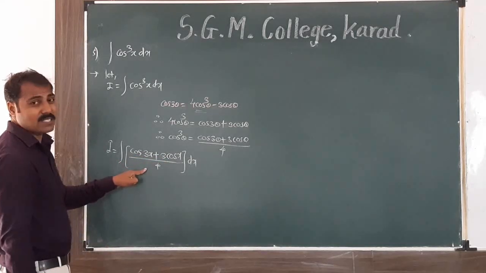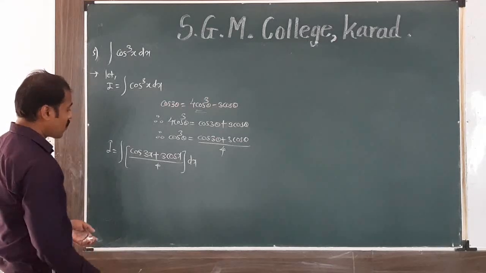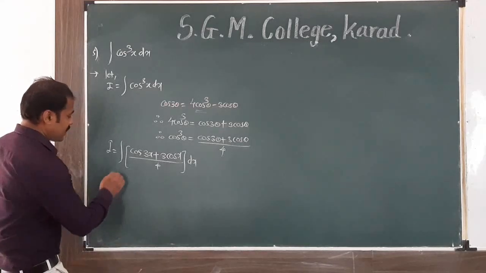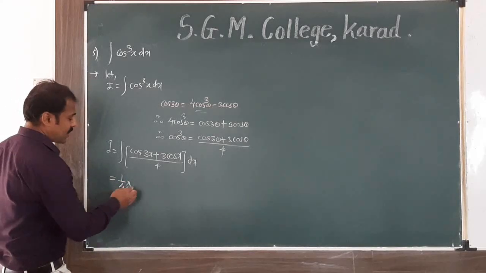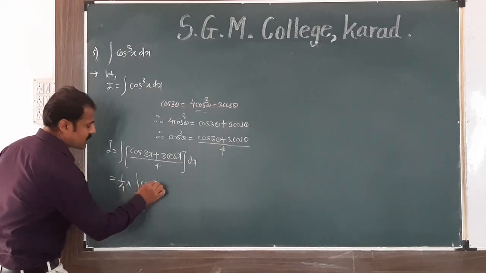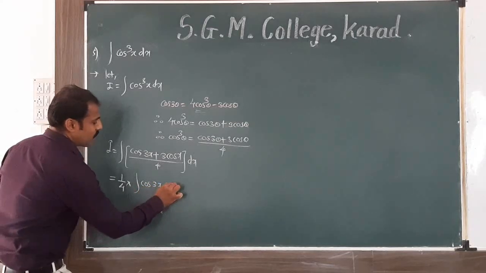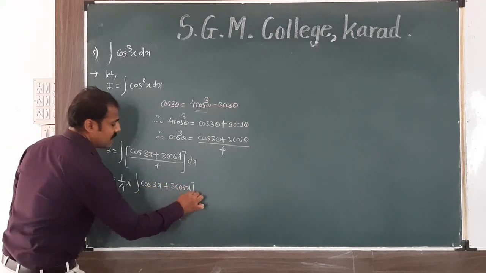Here 4 is a constant, take it outside the integration sign. So 1 upon 4 is a constant. Taking it outside the integration sign, integration of which term? It's cos 3x plus 3 cos x dx.